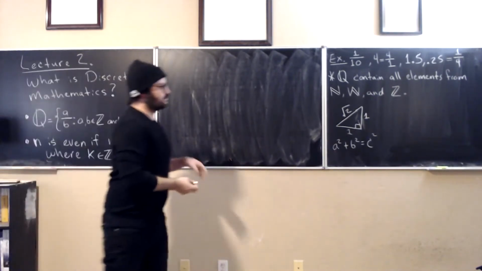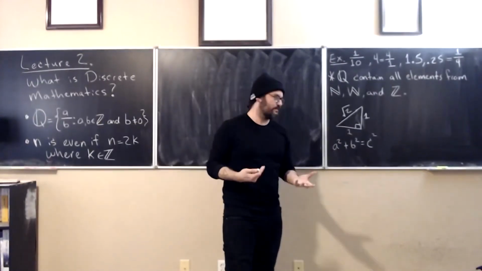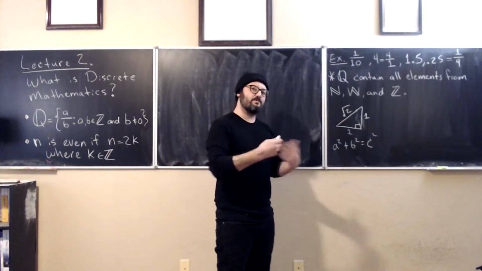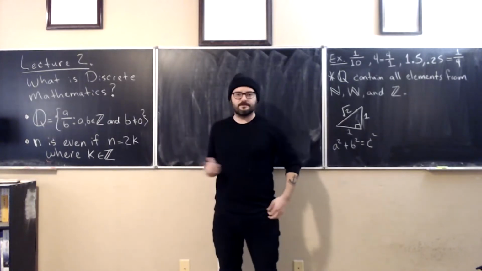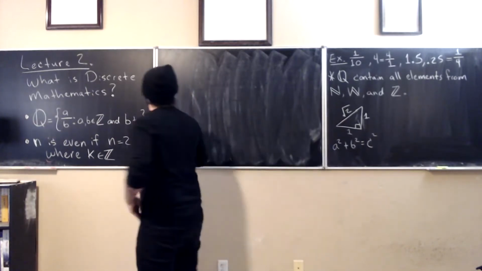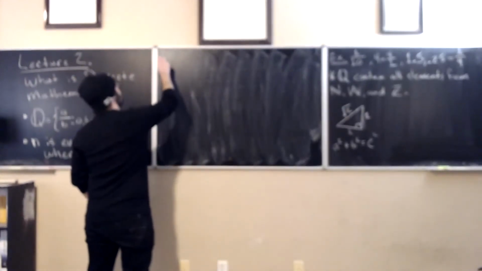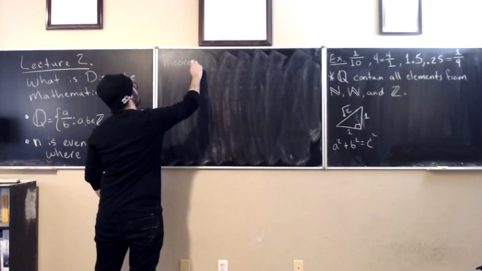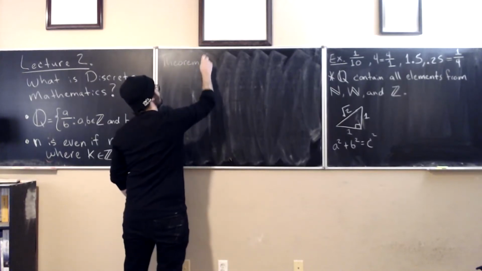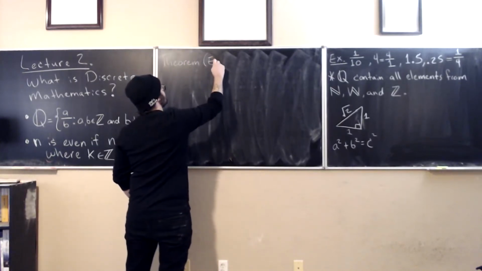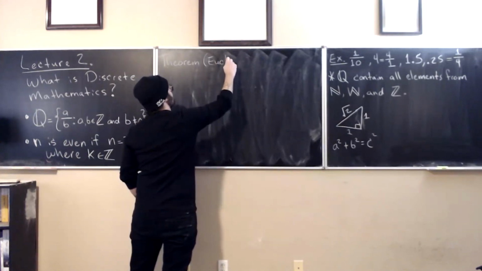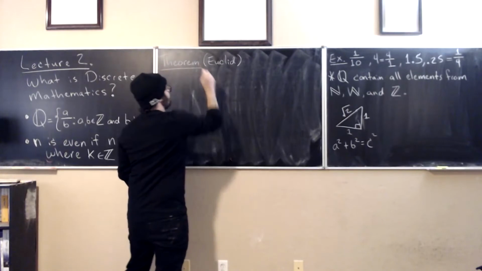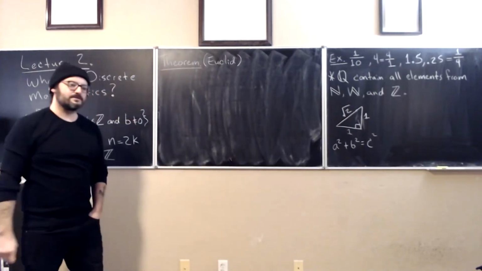Now, with that information, in some clever argumentation, we can show that that number does not belong to that set. And I'm going to write this as a theorem. Most people attribute this theorem to Euclid, though it's unsure if Euclid was the person that wrote it.